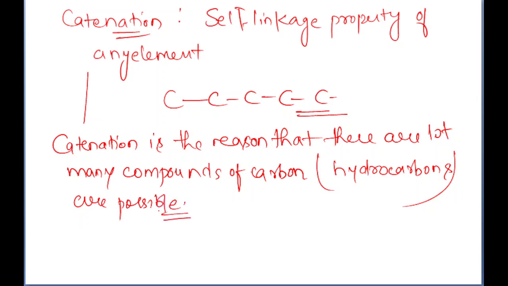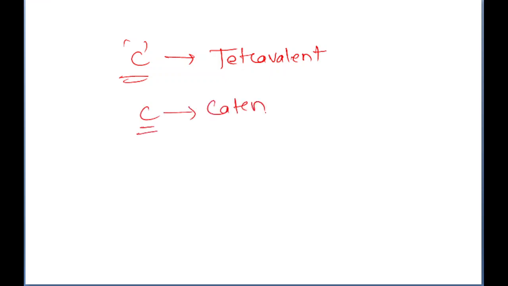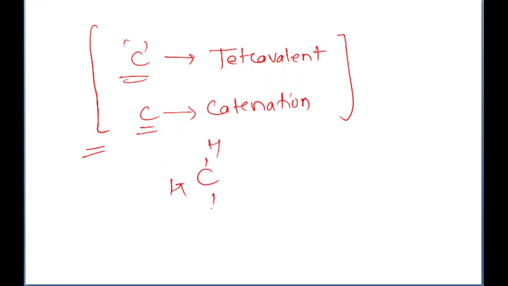So basically we have discussed that carbon has 4 bonds, that's why it is tetravalent, and the carbon atom has the property of catenation. So you must keep these things in your mind while doing organic chemistry. Every time when you make carbon, please see that its 4 bonds are completed, otherwise your answer will be wrong. Catenation is the reason there are so many organic compounds.